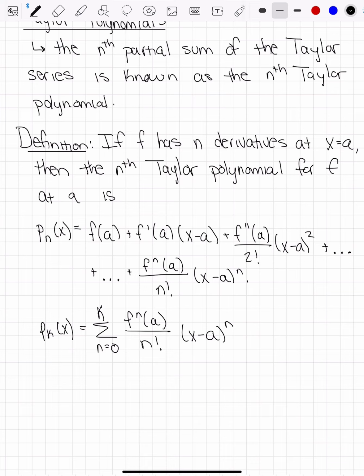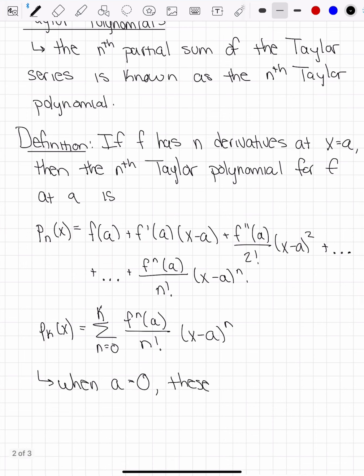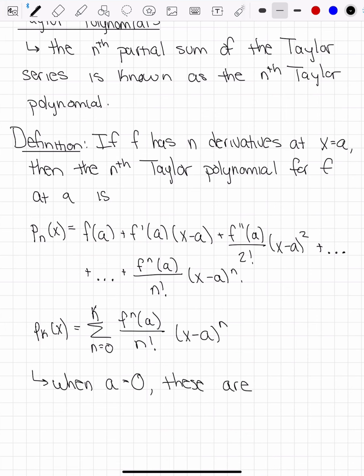Okay, and then again, when a is 0, these are Maclaurin polynomials.